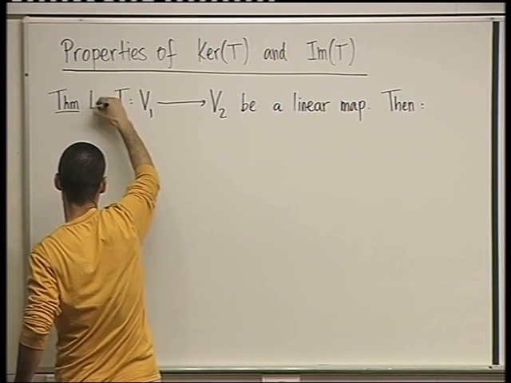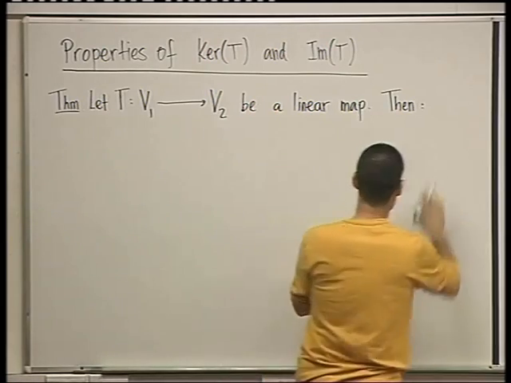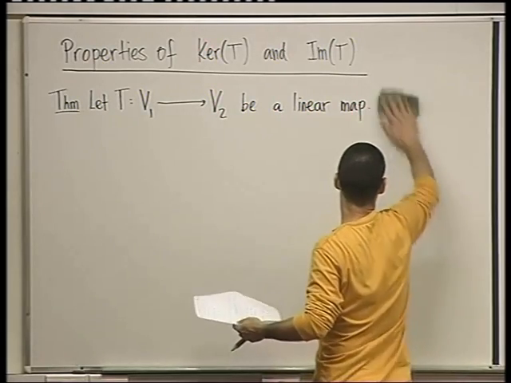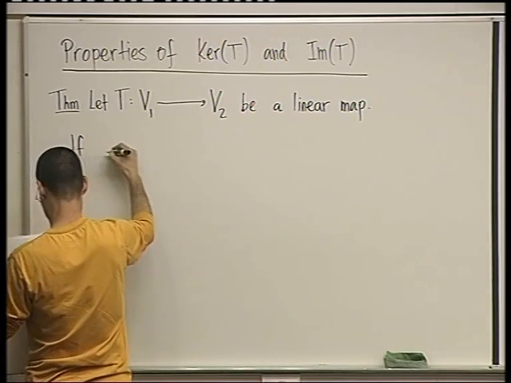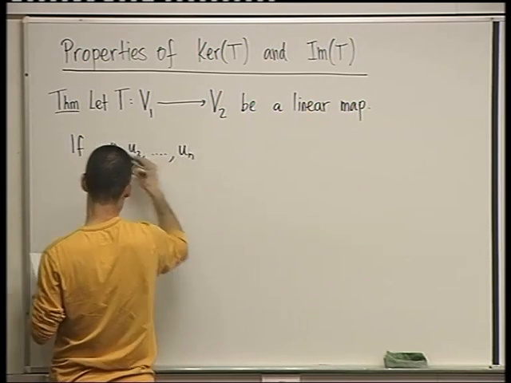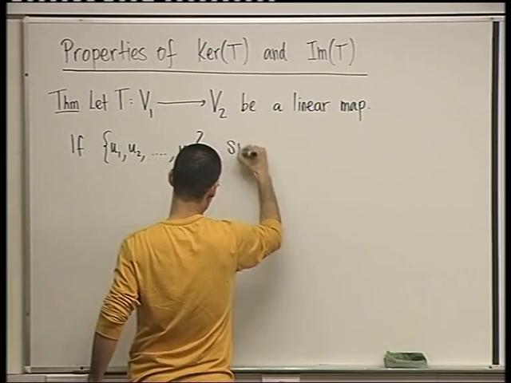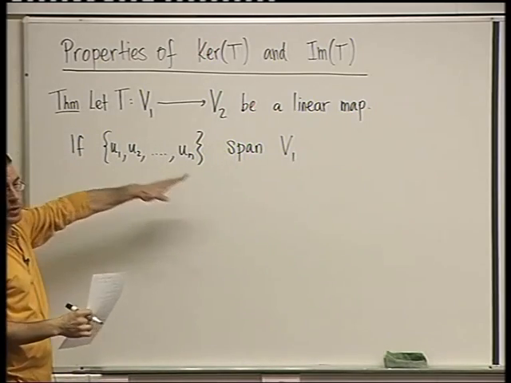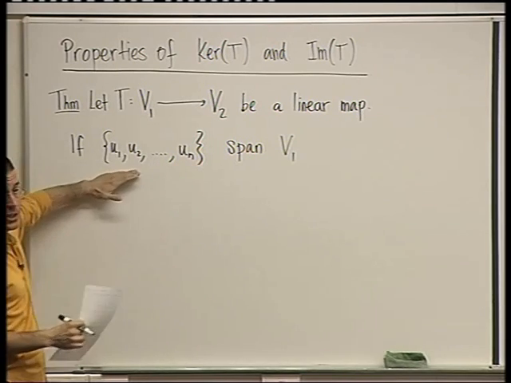So another theorem. Let T from V1 to V2 be a linear map. If u1, u2, up to un span V1, so I'm taking a spanning set for V1, a bunch of vectors in V1, such that the entire space is all linear combinations of these guys.